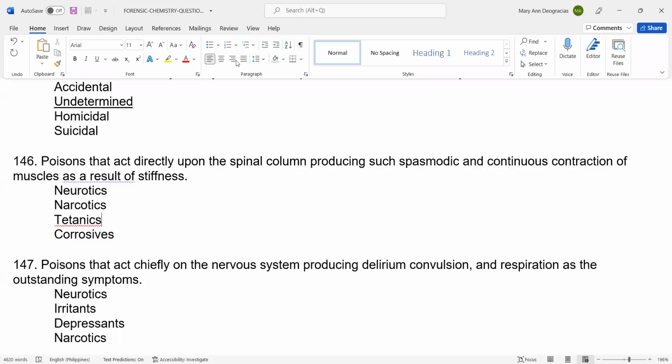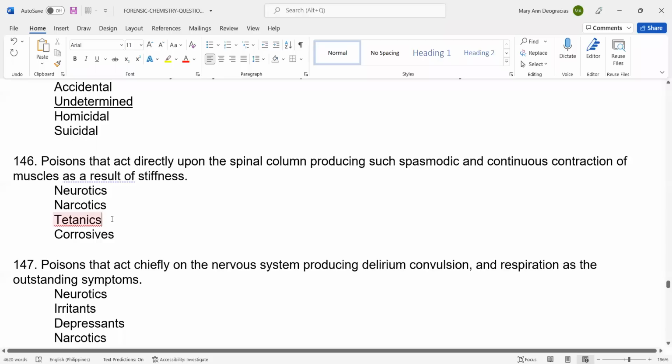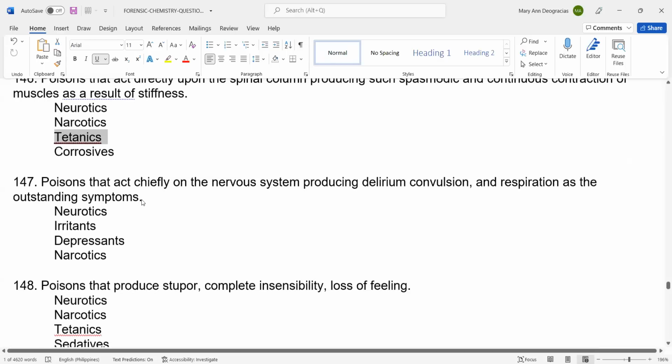Answer? Neuro is brain. Hindi neuro ang sagot niyan. Spinal column eh. Magkaiba naman yung brain sa spinal. Tetanics ang sagot. From the word neuro, so that's the brain. So spinal cord is tetanics, tetanus. Ayan. Corrosive naman, ito yung mga natatapon tulad ng acido, ganyan.